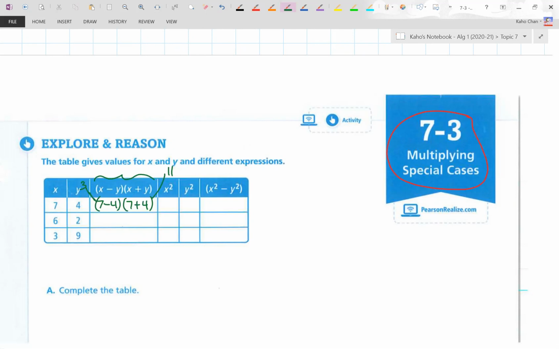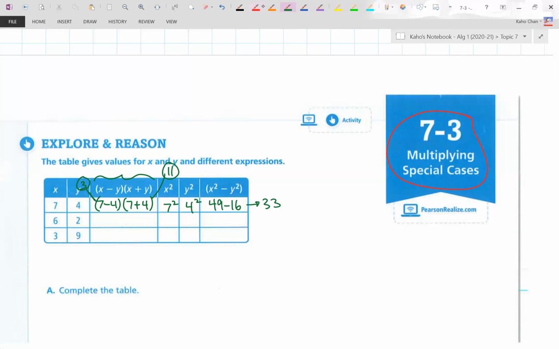What if we were to square the 7 instead, and square the 4 instead, and subtract those numbers? 7 squared is 49, 4 squared is 16. What happens if we subtract 49 and 16? We get 33. Oh, that's interesting. That number is found by multiplying 3 and 11 over there. So they're trying to prove to you that those two things are the same thing.